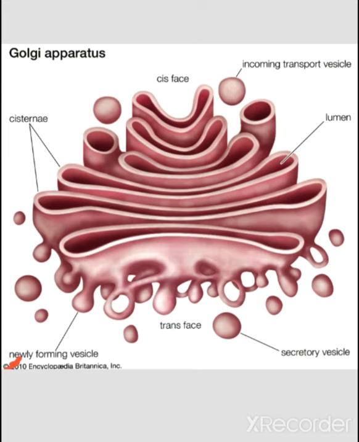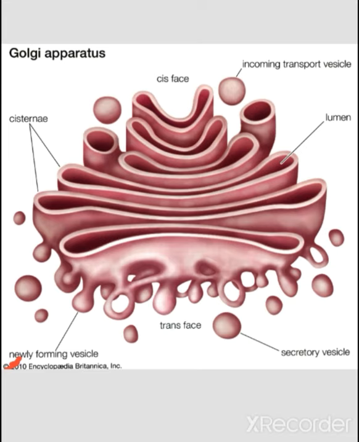The Golgi apparatus consists of many flat, disc-shaped sacs or cisternae. These are stacked parallel to each other. The Golgi cisternae are concentrically arranged near the nucleus with distinct convex cis or forming face and concave trans or maturing face.